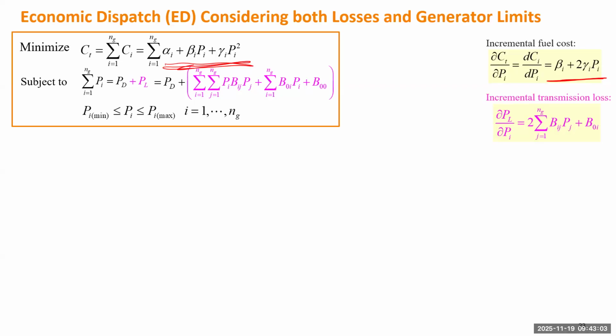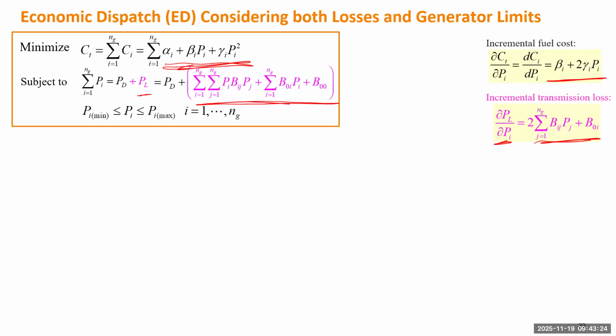So what we add to this formulation is the transmission loss. Transmission loss is a quadratic function. Then we can calculate the partial derivative of the transmission loss with respect to each generator output. So this has to be a linear function, because it's the derivative of a quadratic function.